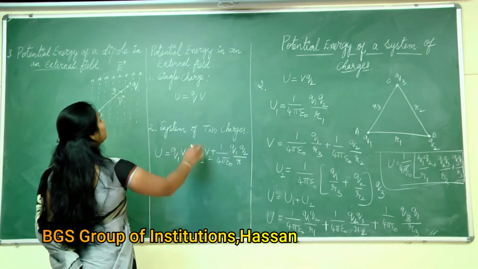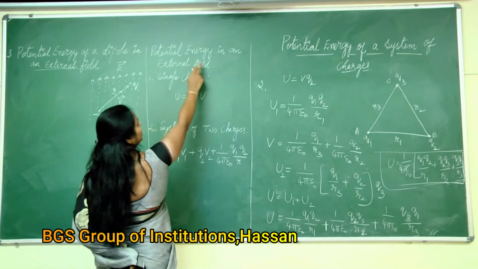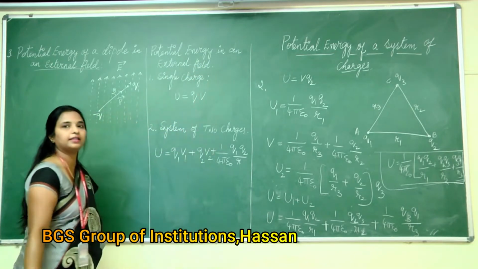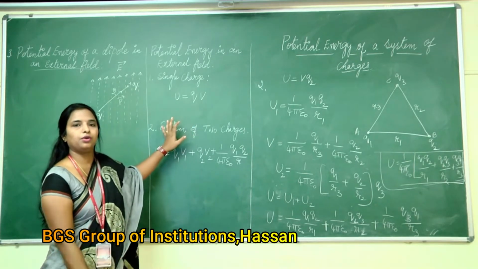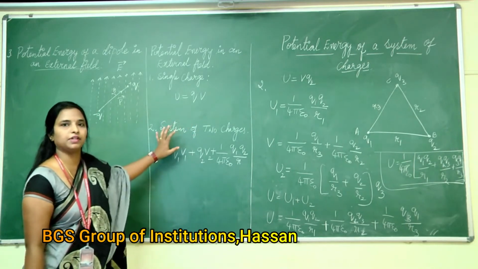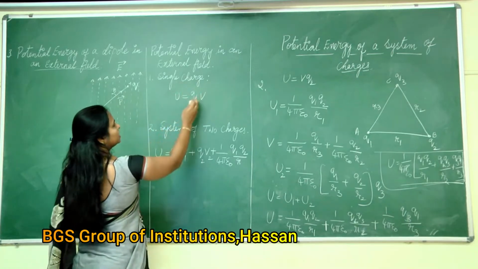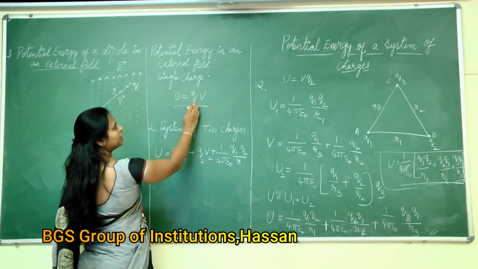In the same way, we can write the expression for potential energy in an external field, and this is only to mention the expression. You do not need the derivation. So for a single charge, we write the expression as U is equal to QV.